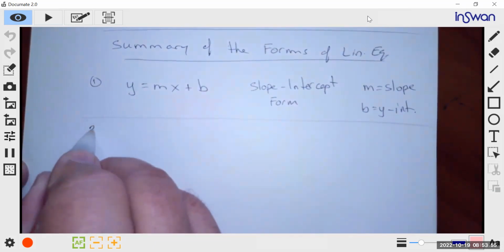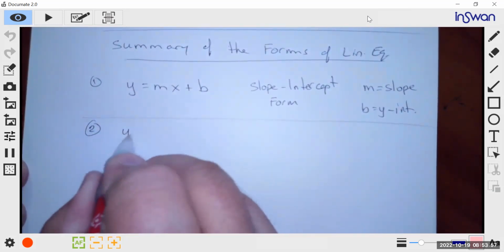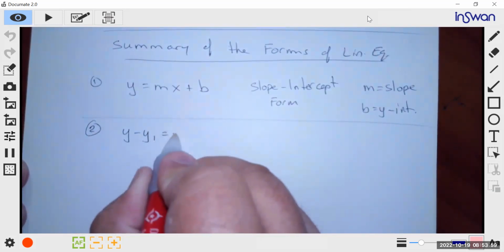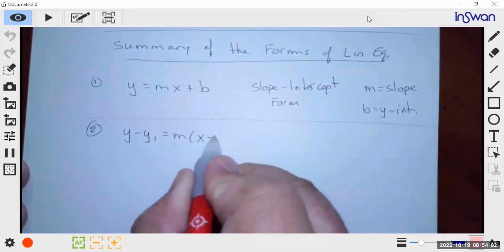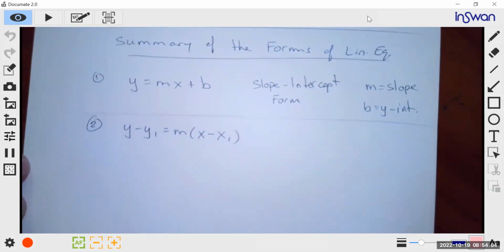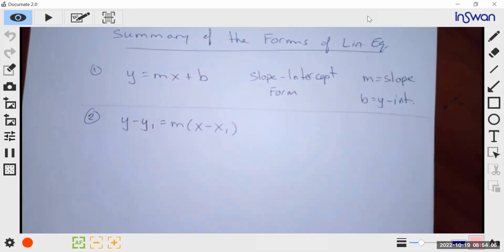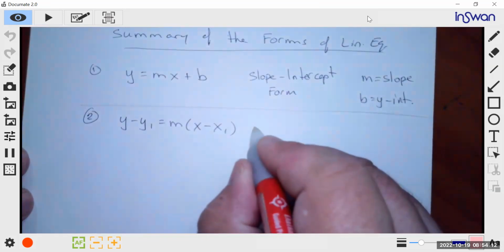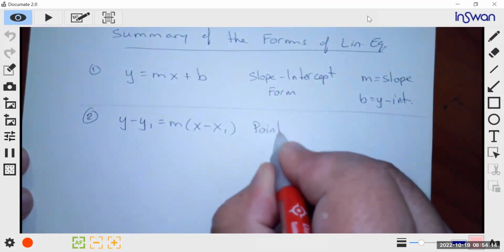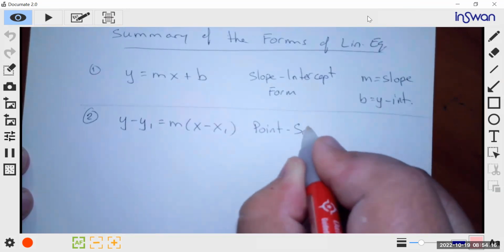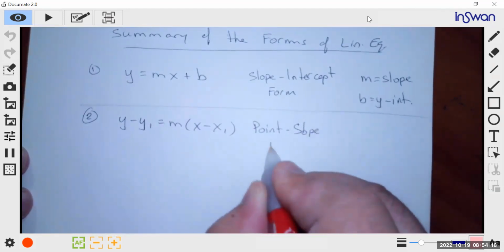The second form that we have, y minus y1 equals m(x minus x1), is called the point slope form.